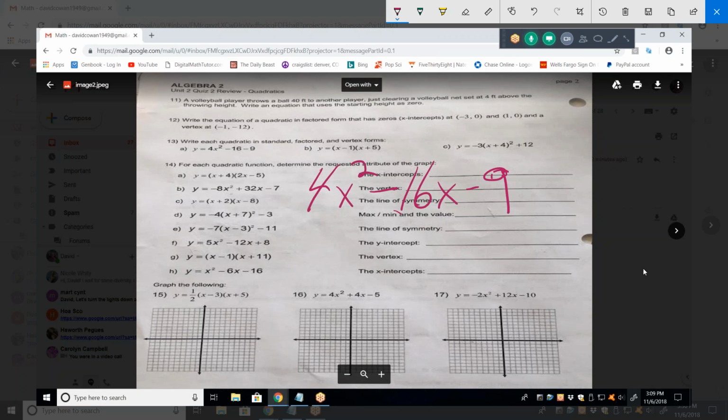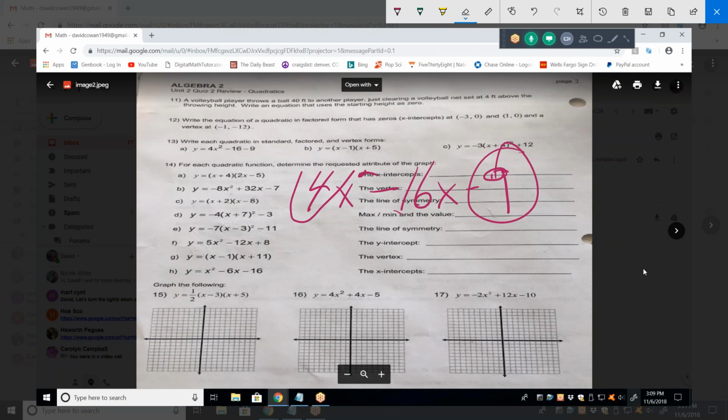There are two different factors for the number 4, and two different factors for the number 9. So that gives us 4 possible combinations. Actually, more than 4. It gives us 8. You just have to try one until you find the solution. But once you find it, you don't need to go back and try others.